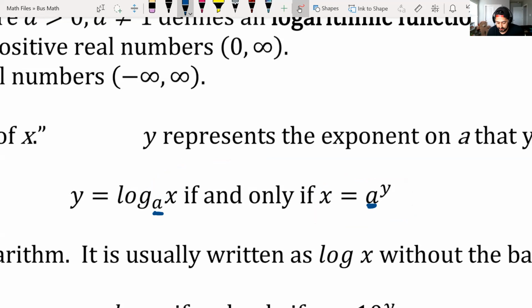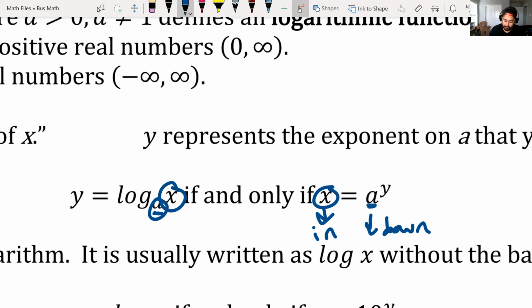What I like to say is that this one goes down. So the base a goes down to the base of the log. And then the outside number of x comes inside the log.